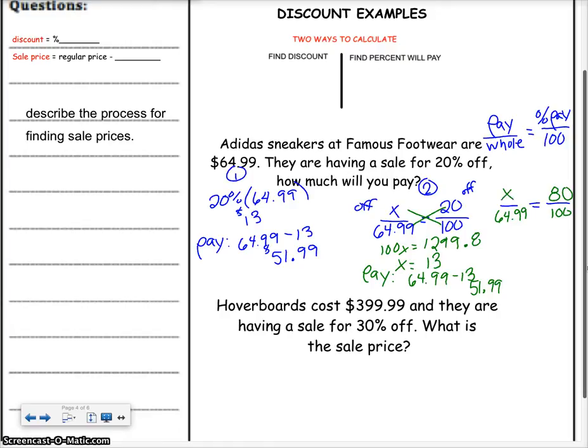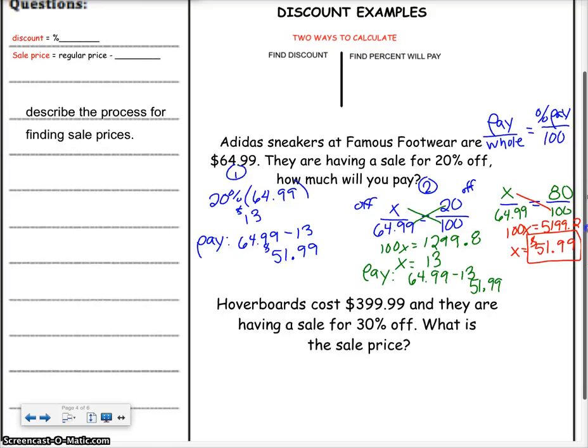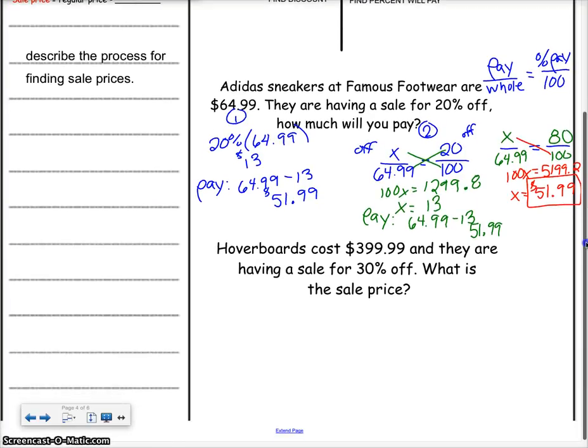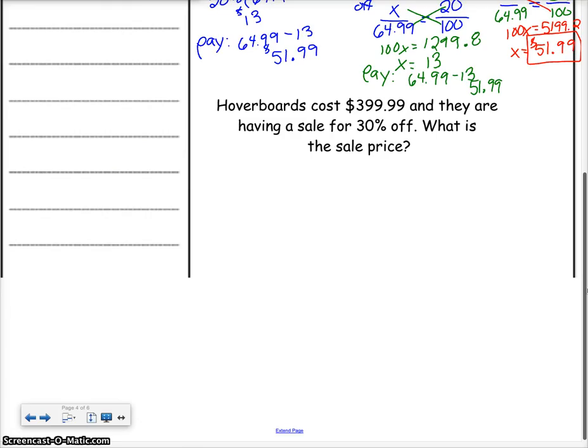And I need to know what I pay for the part. Set it up. 100x equals 64.99 times 80 is 5199.2. Divided by 100 and you get x equals 51.99. And that represents what I paid, and I didn't have to subtract. So you have to be cautious when you're making those proportions.